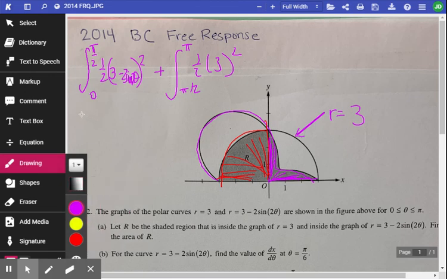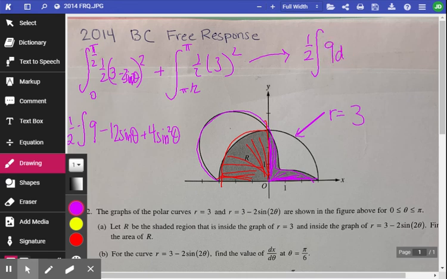All right, so I'm going to have the integral of, I'm going to FOIL this. I'm going to bring the 1/2 out. And I'm going to have 9 minus 12 sine theta plus 4 sine squared theta. And for this, I'm going to have just 9 d theta.